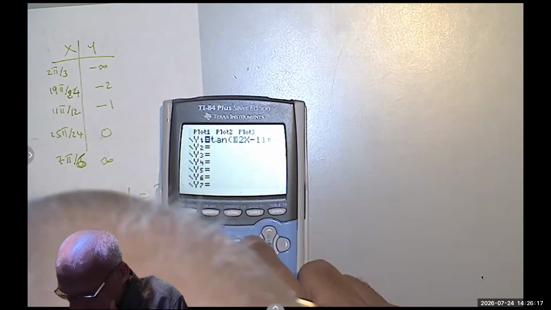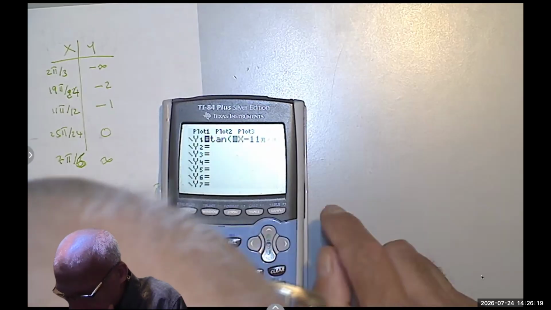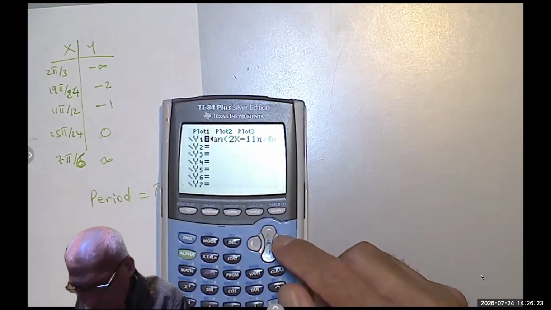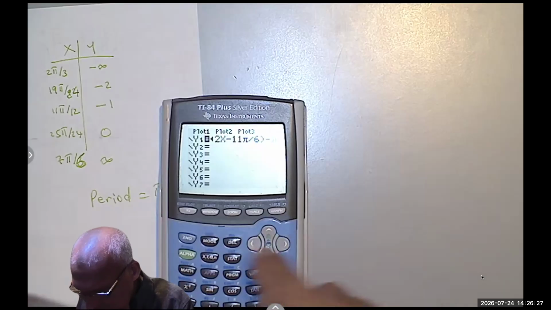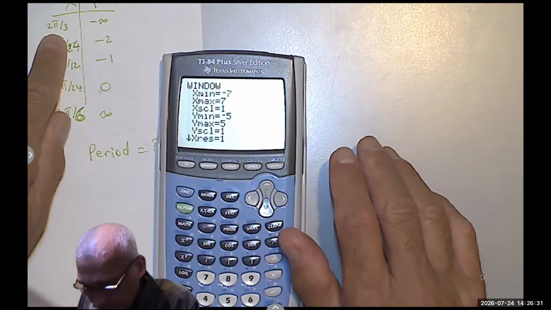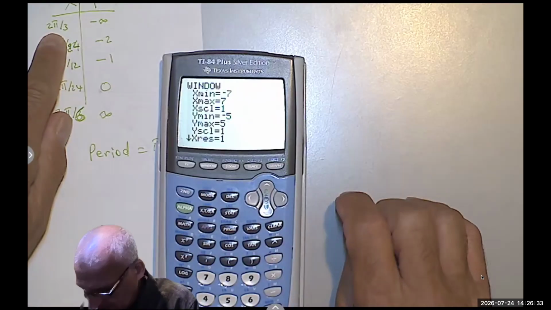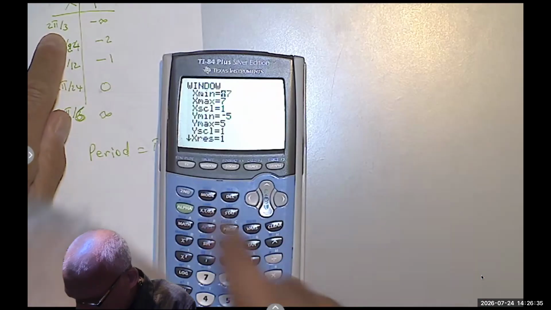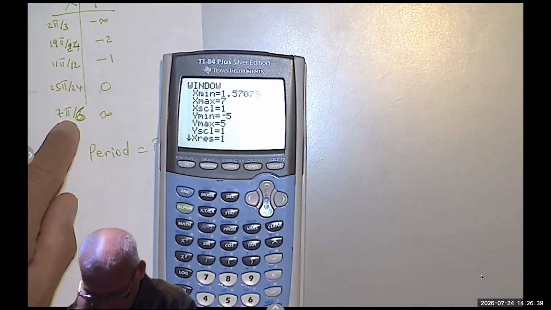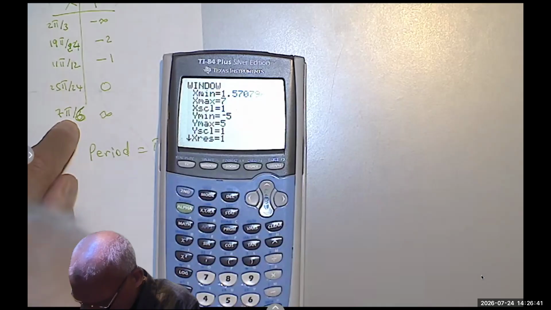I have an extra parentheses, but it's not wrong. The window, I want it to be from, like, let's say pi over 2, up to, like, 3 pi over 2.